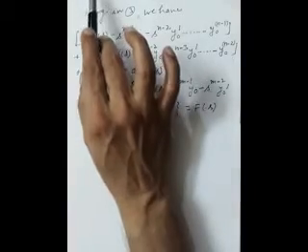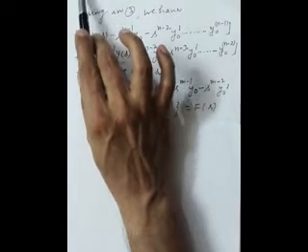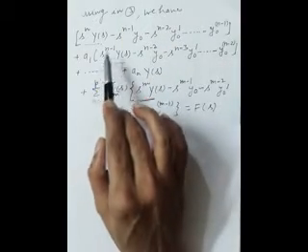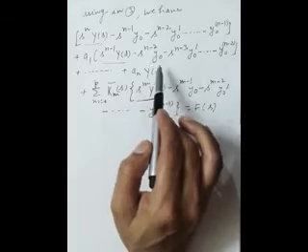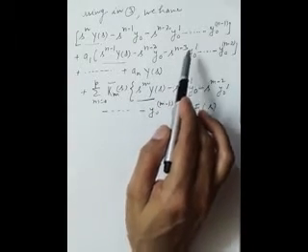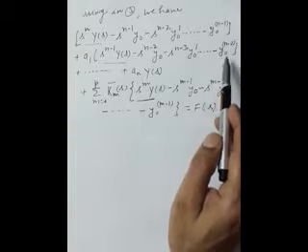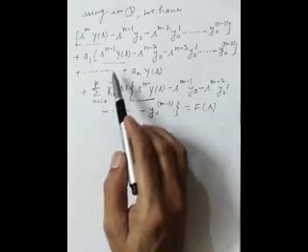And if we take n equal to n minus 1, we have the Laplace transform of y^(n-1)(x), that is s^(n-1) Y(s) minus s^(n-2) y(0) minus s^(n-3) y'(0) minus, and so on, up to minus y^(n-2)(0).